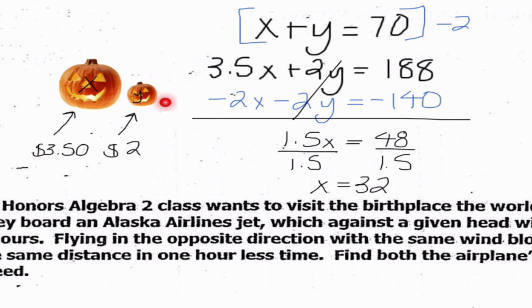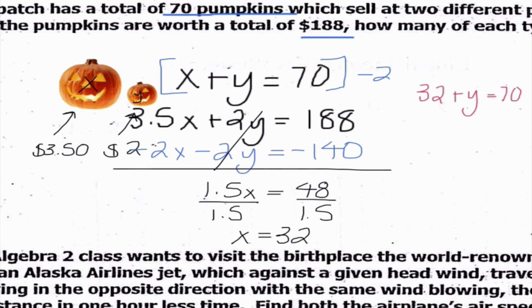Now I need to figure out how many of the little pumpkins we sold. I'm going to use the equation x plus y equals 70, because it looks a lot easier to deal with than the second equation. I'm substituting 32 in for x, and I end up getting y is equal to 38.